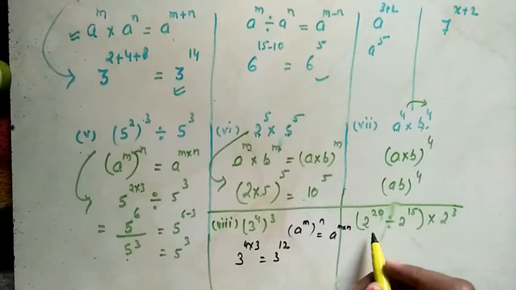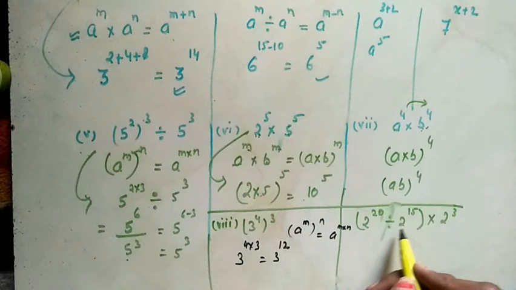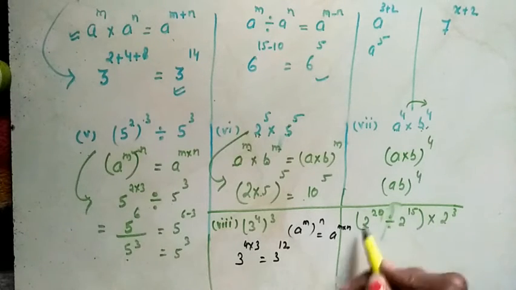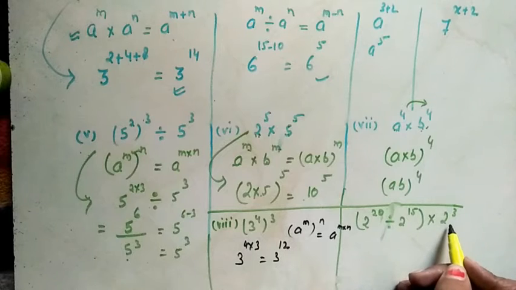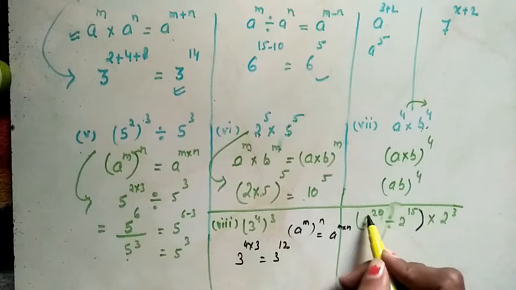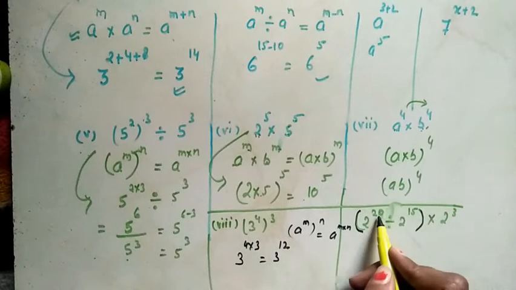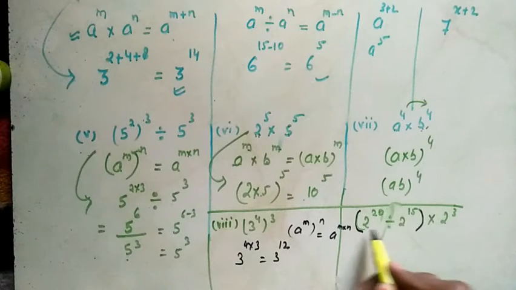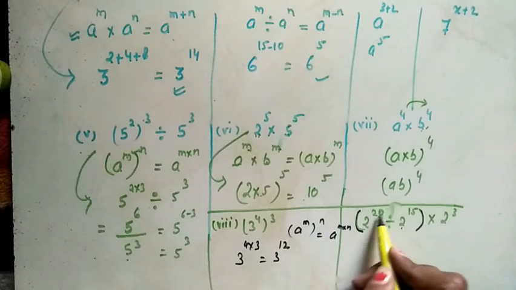Okay, now this question: 2 to the power 20 divided by 2 to the power 15, then multiplied by 2 to the power 3. So at first we solve the bracket, that is 2 to the power 20 divided by 2 to the power 15. Here the bases are the same and the powers are different.